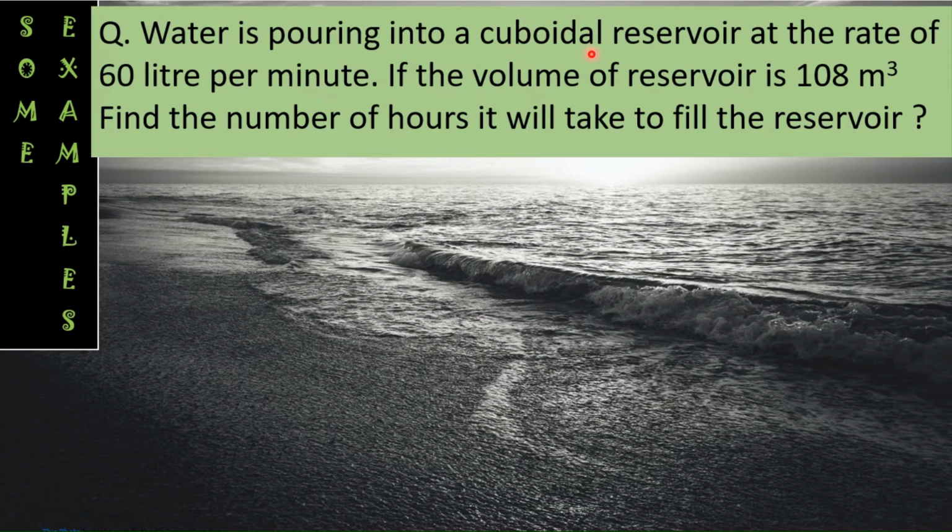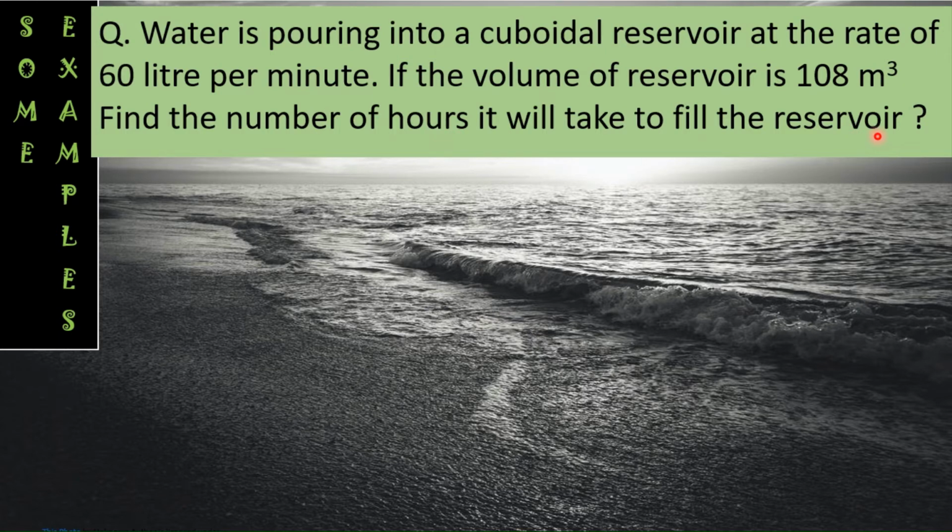It is a cuboidal shape and its capacity is 108 meter cube. So we have to convert it into liter, which we can. Then it is telling that this reservoir is filling and the rate is 60 liter per minute. That means in 1 minute 60 liter water is going inside. And what we have to find out is the number of hours. It is given in minutes and we have to find the number of hours it will take to fill the reservoir.